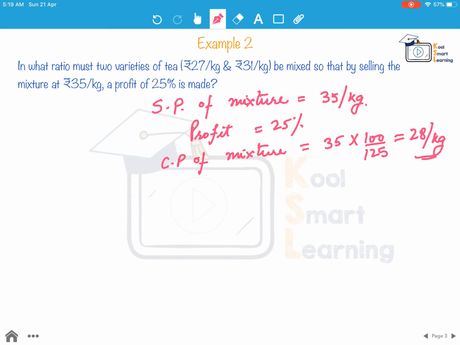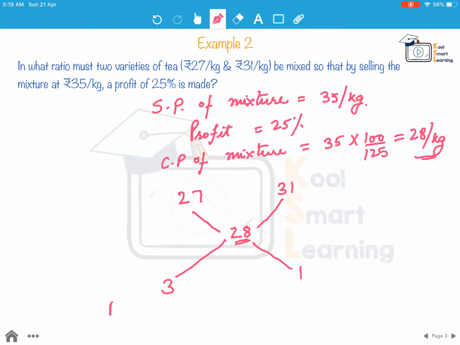Now we'll use the rule of alligation. We have one variety at 27, the other variety at 31, and the mixture at 28. So using the rule of alligation, we subtract 28 from 31, we get 3 here, and we subtract 27 from 28, we get 1 here.